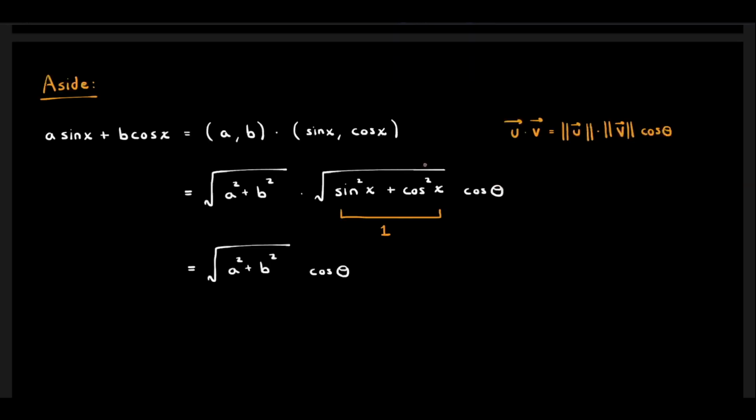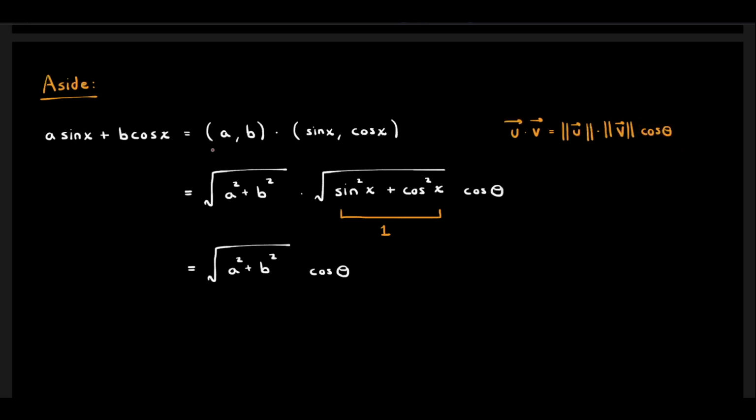Just before we jump into the examples, I wanted to share another interesting fact about this expression, a sin x plus b cosine x. For those that are familiar with a little bit of vectors and dot product, it turns out that this is actually a dot product of the vector (a, b) and the vector (sin x, cosine x). Now, the geometric dot product is defined as u dot v equals the magnitude of u times the magnitude of v times the cosine of the angle between them.